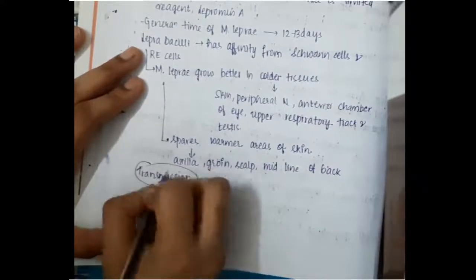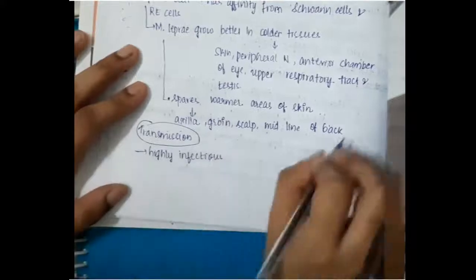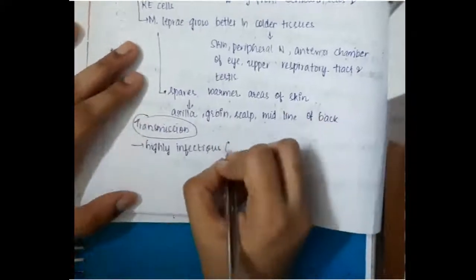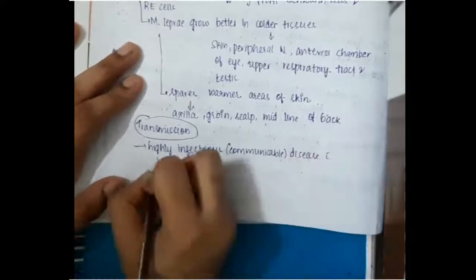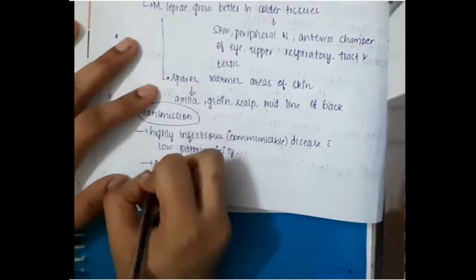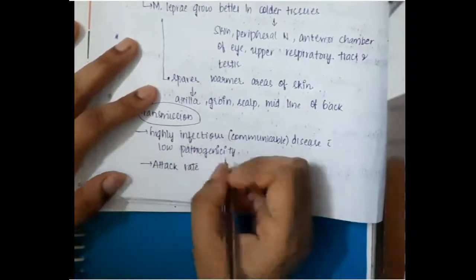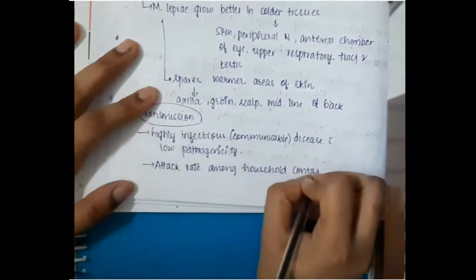Now, transmission of lepra bacilli. It is a communicable disease with low pathogenicity. The attack rate among household contacts is 4.4 to 12%.